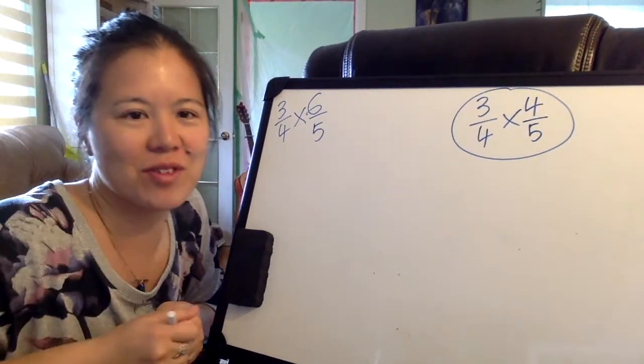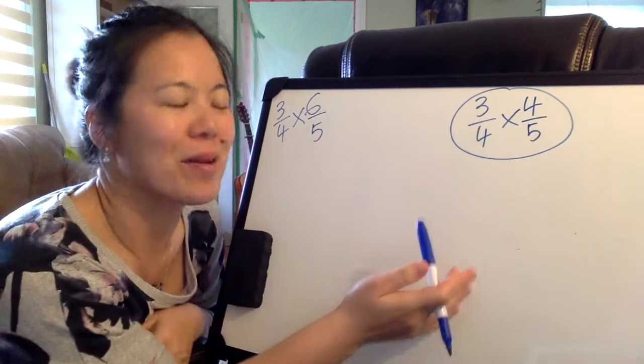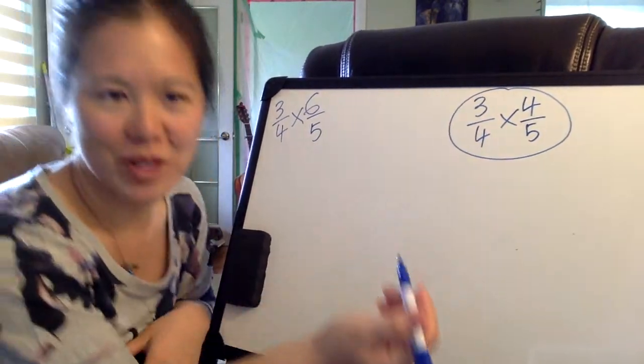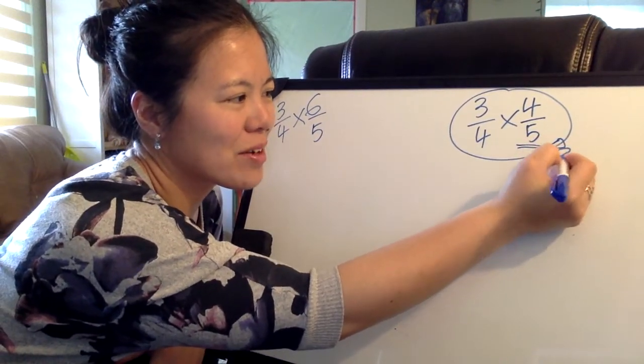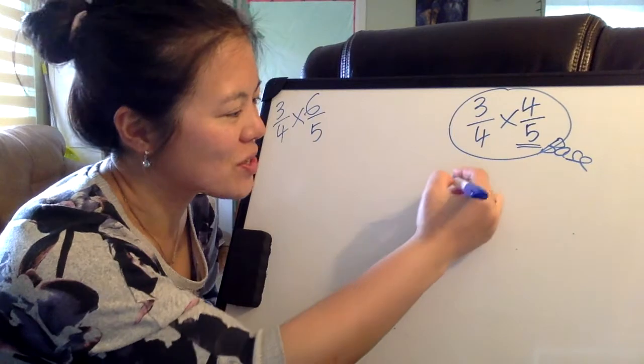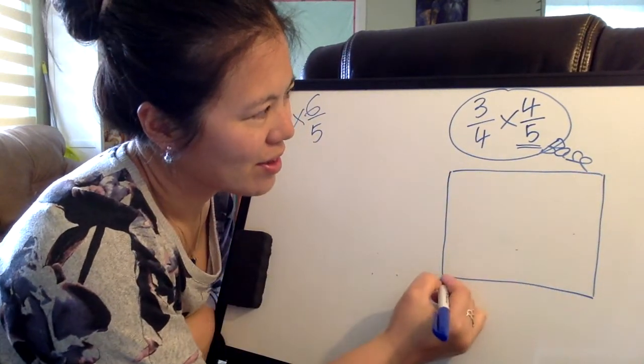Just to quickly review, if we are doing 3/4 multiplied by 4/5, we know that the second one is going to be our base, so this is what we are going to represent as an area model.